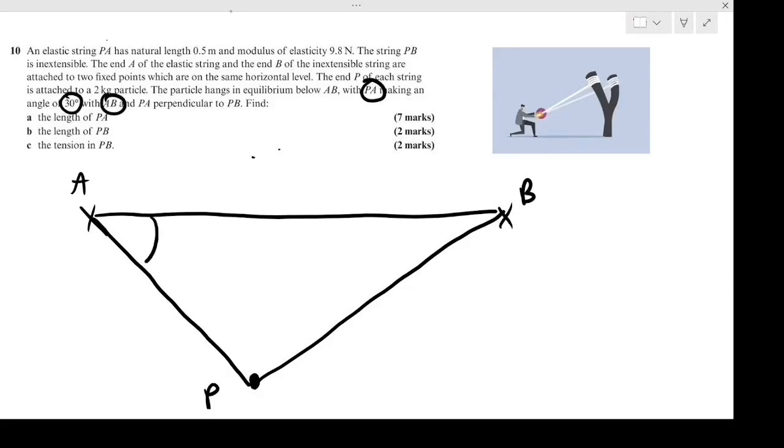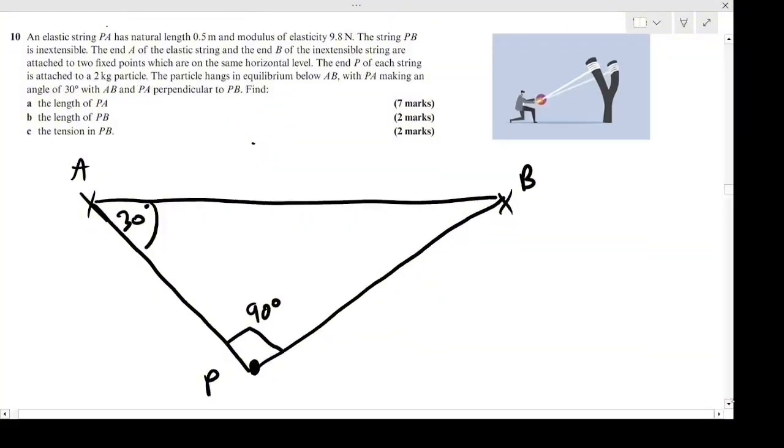So this angle here is 30 between AB and PA. And PA is perpendicular to PB. So that means between PA and PB here, it's a 90-degree angle, right? Great. And that's it. That's where all the points are here.